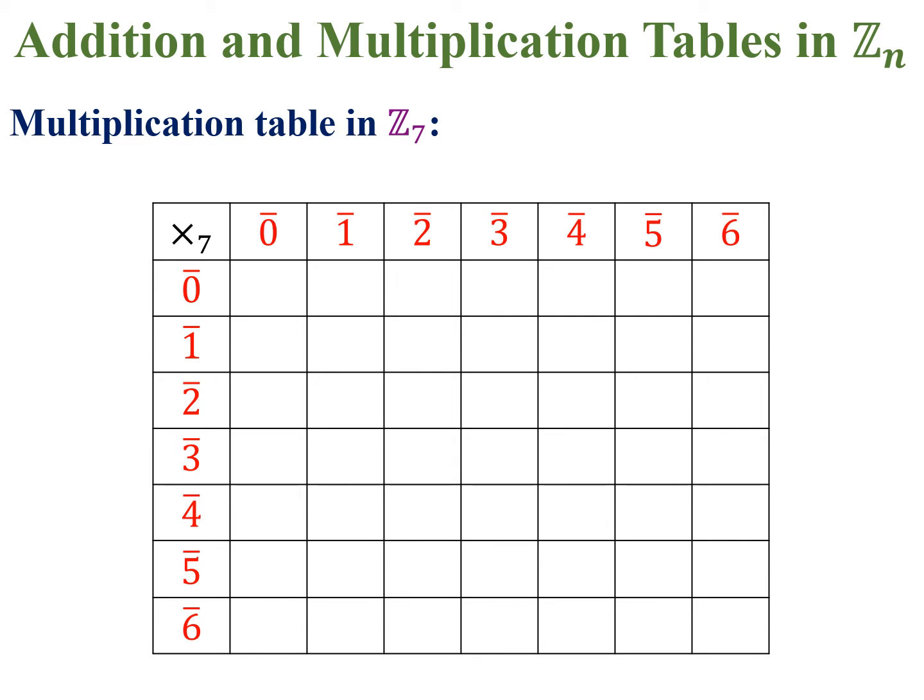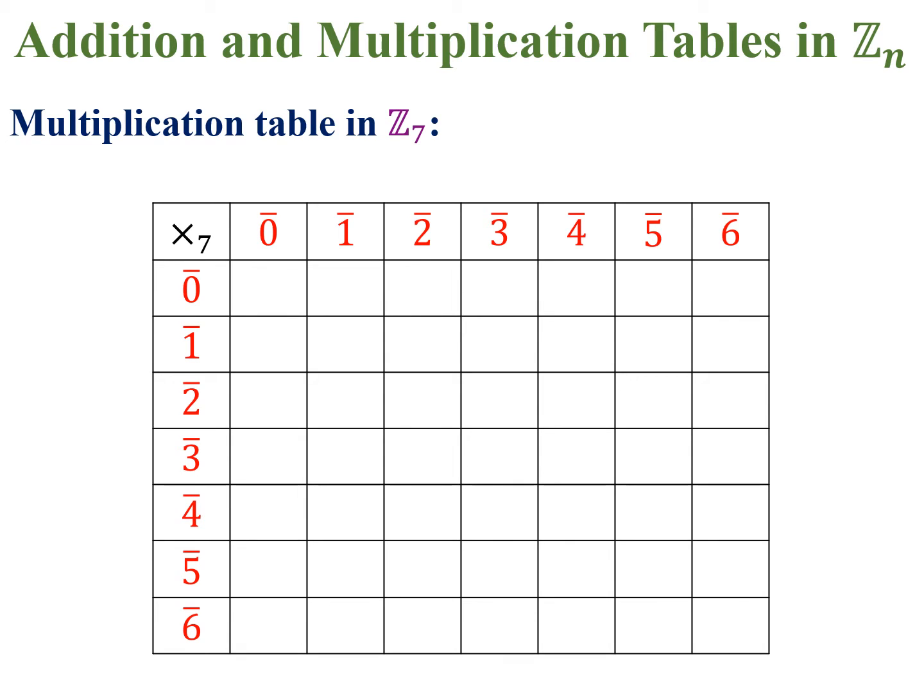Now you have to multiply the corresponding classes and write their result in the cell. Here you can get the entry by multiplying class of 0 with class of 0. Here we can get the entry by multiplying class of 0 with class of 1.